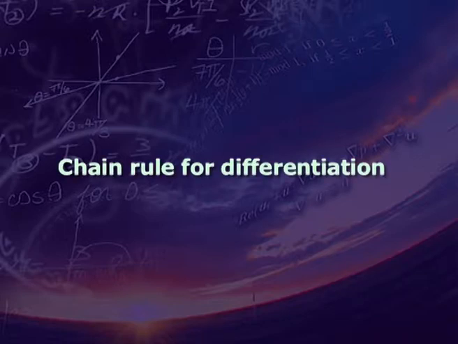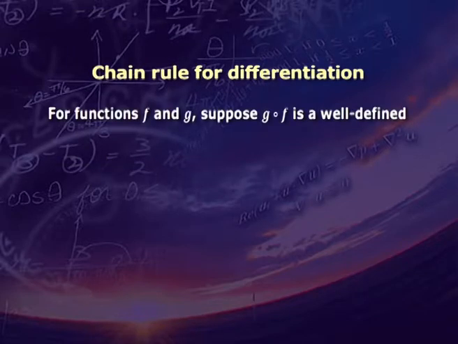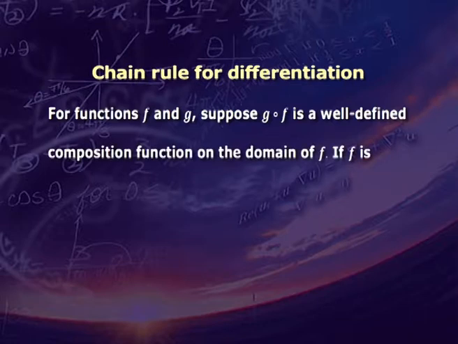Chain rule for differentiation. For functions f and g, suppose g composition f is a well defined composition function on the domain of f.